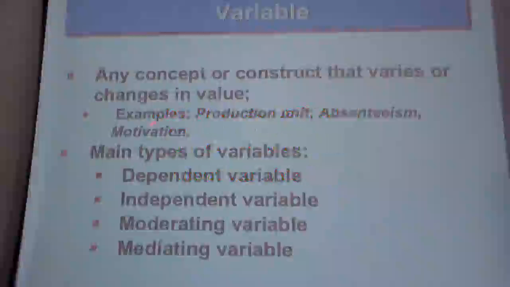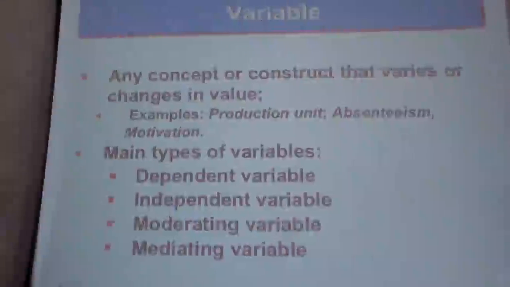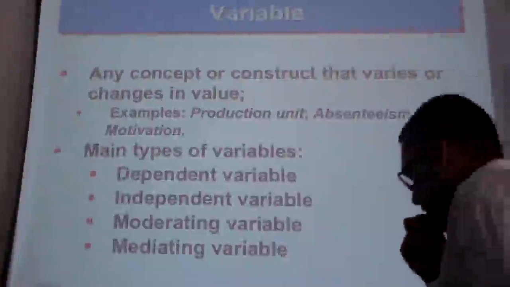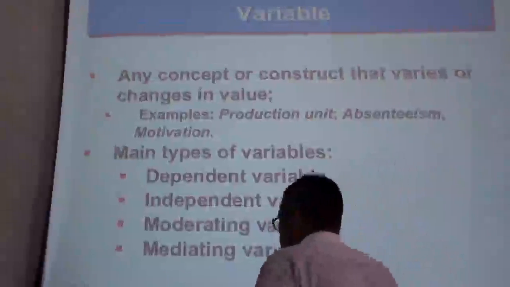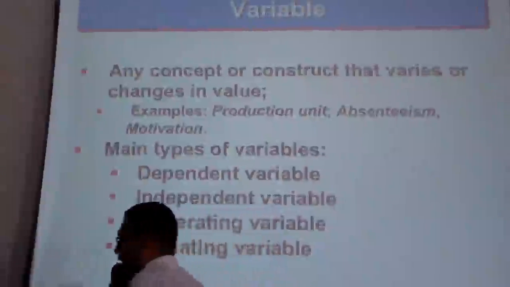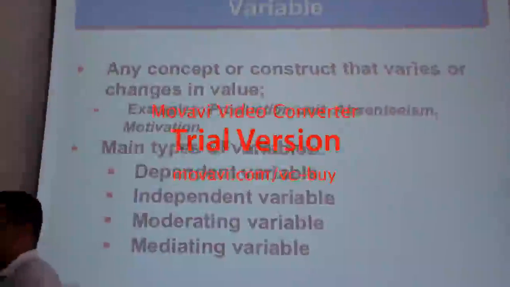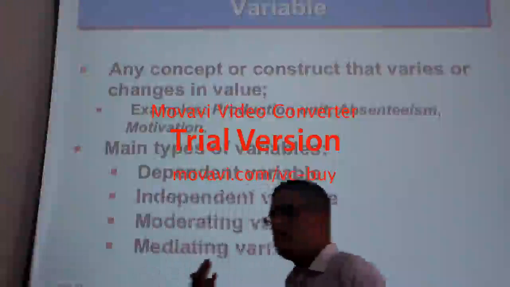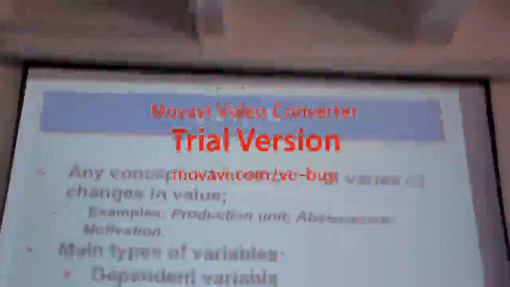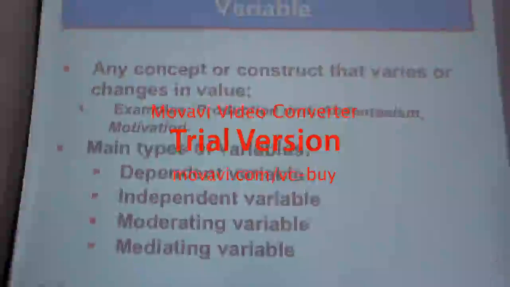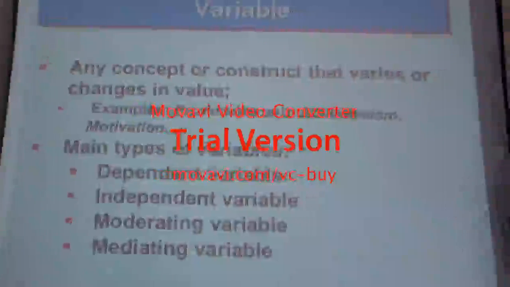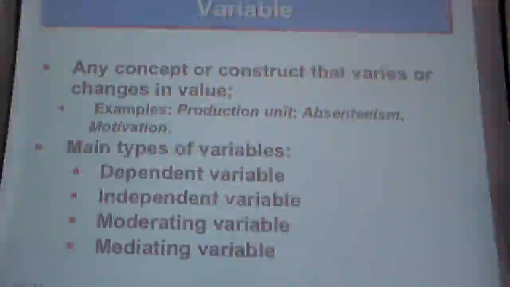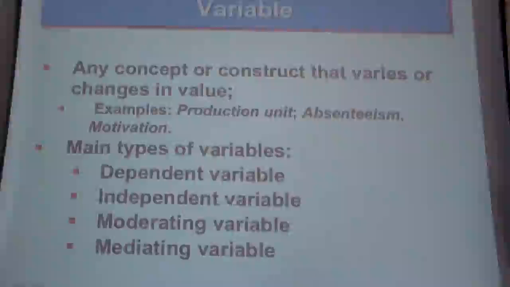We take some examples. For example, production unit. If we are working in a company or in a factory, this factory or company produce some products. Production unit means how many products are produced, for example, per each employee.